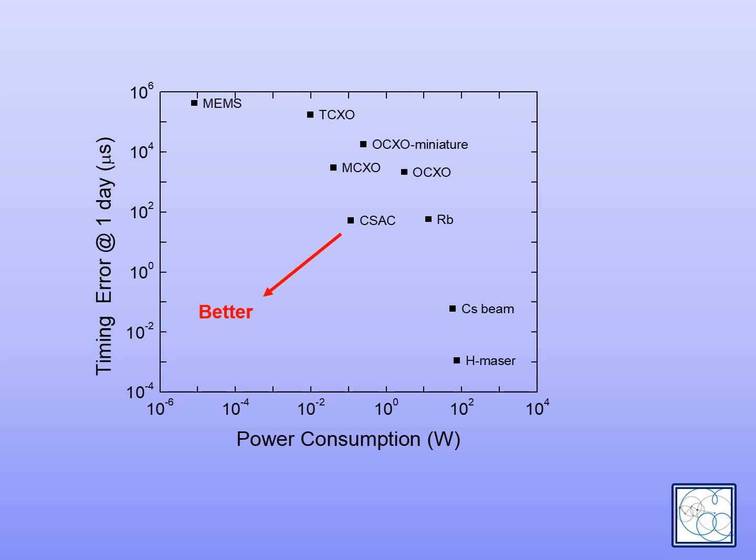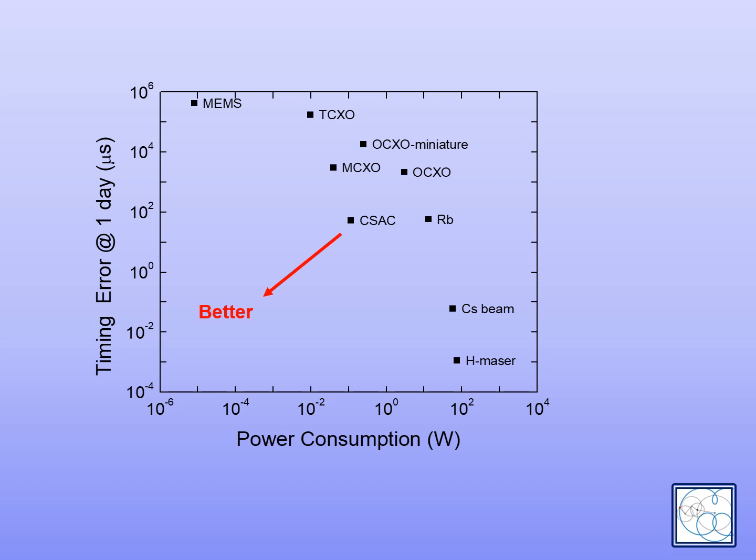So this plot shows timing error at 1 day in microseconds in a logarithmic scale on the vertical axis. 1 microsecond at 1 day is 10 to the 0. 100 microseconds at 1 day is higher. 10 to the minus 2, 1/100th of a microsecond at 1 day is lower.